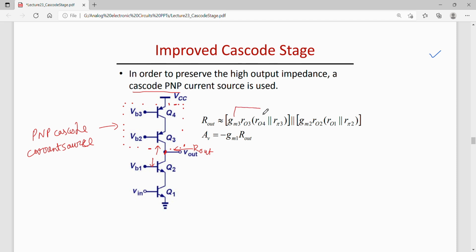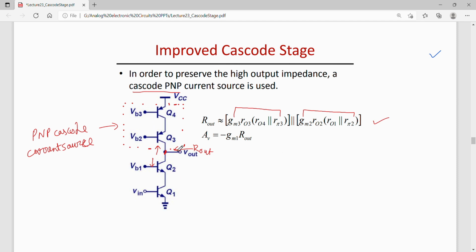The output impedance of the PNP cascode is this much, we had already calculated, and the NPN cascode also we had calculated already, so we'll use the same values here. So the total output impedance is this much now.